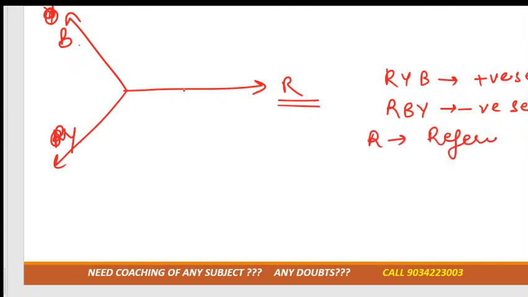Can you tell me what the angle between R and Y is? Is it positive 120 or negative 120? RYB is the positive sequence and RBY is the negative sequence.